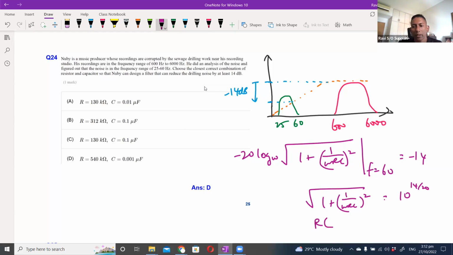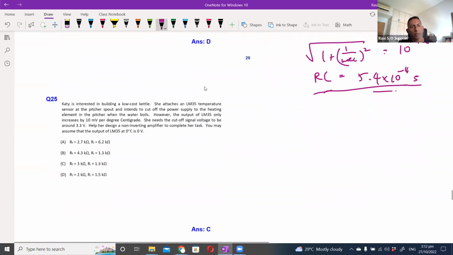Then from there you get RC equals 5.4 times 10 to the power of minus 4 seconds, and from there you will get the value of the components. So that is your high pass filter.